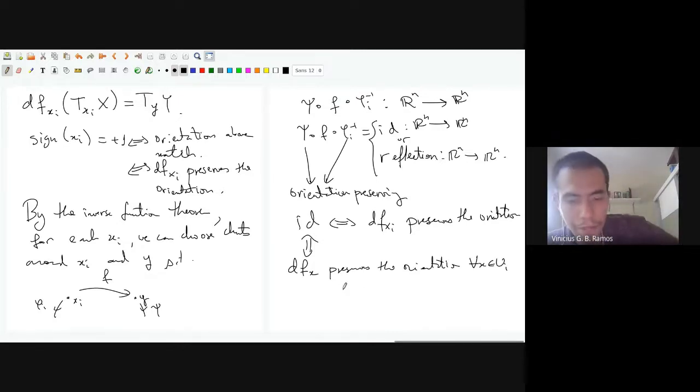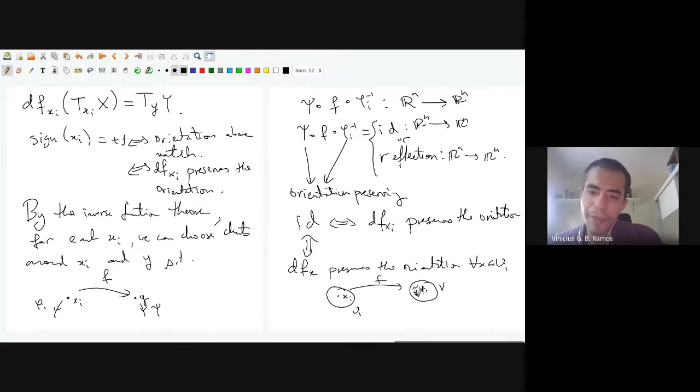If I have my xi and my diffeomorphism f from ui to v, and I choose another point in the neighborhood of the original y, I'm going to have a unique image here, and by this argument they have the same sign. The sign of xi is equal to the sign of xi tilde.